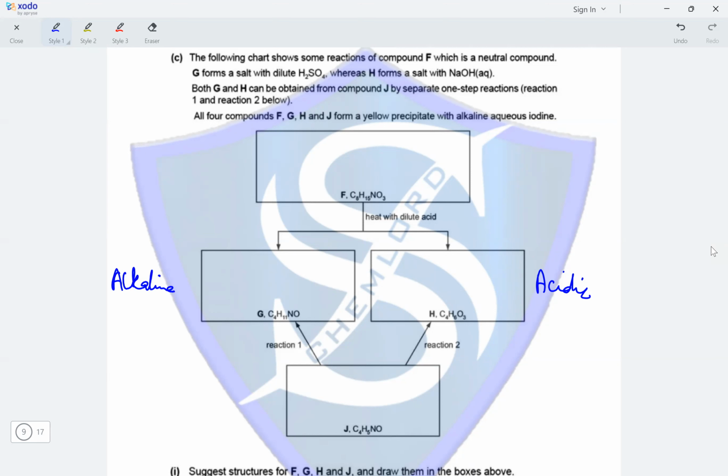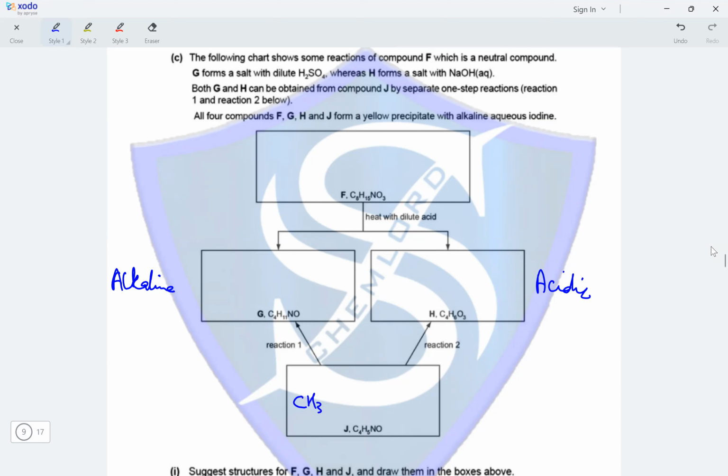So all of them have a methyl ketone or a secondary alcohol group present in them next to a CH3R group. So compound J contains one nitrogen atom, four carbon atoms, and one oxygen atom, and it's supposed to be a methyl ketone.